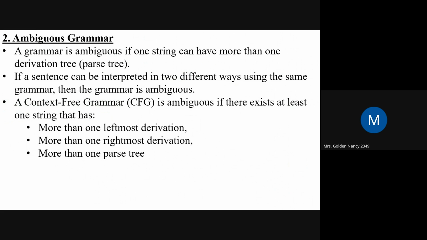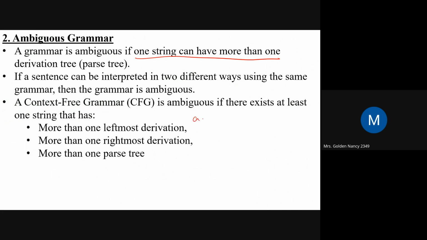Ambiguous grammar is one where a string can have more than one derivation tree. We all know what the term ambiguity means, right? In compiler terms, if the given string can be generated more than once, with more than one derivation tree, it is called ambiguous grammar. Grammar is ambiguous if one string can have more than one tree.